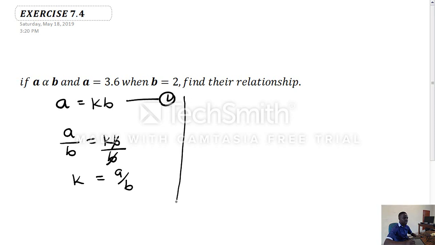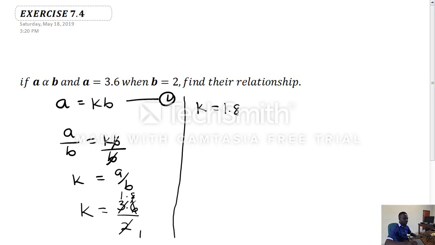And substituting values of a and b for this relationship, you have 3.6 divided by 2. 2 into 3 is 1, remainder 1. Bringing it here becomes 0.16, and dividing 16 by 2 will give 8, so that our value of k gives us 1.8.